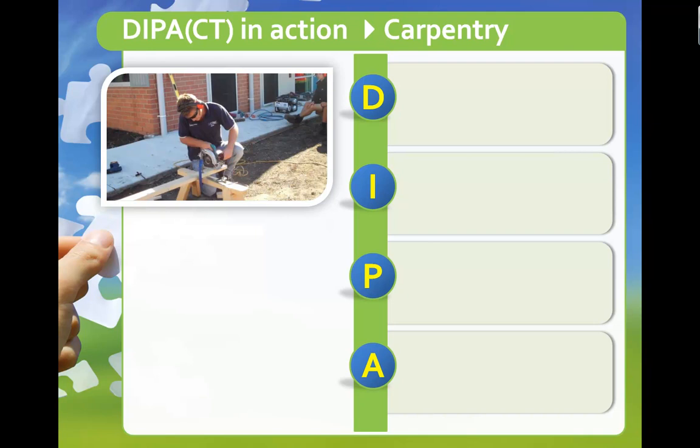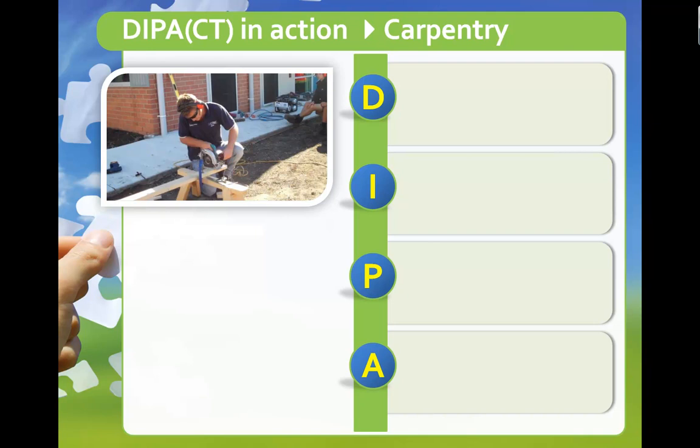These guys are very new to a lot of power tools, and they are very early on in their development. So using all the elements of DIPA can be quite appropriate here.